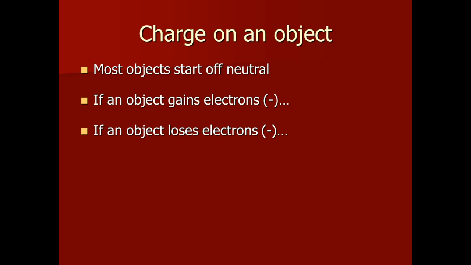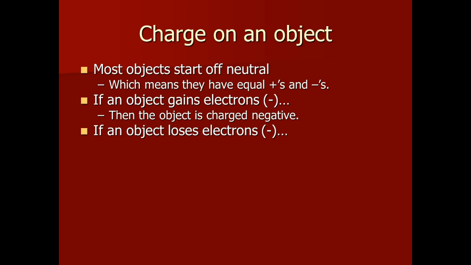Most objects start neutral, which means they have equal amounts of positive and negative charges. If an object gains more electrons, it's going to become negatively charged. If it loses electrons, it'll become positively charged. It's not going to gain positive charges because that would require the proton, or the positive charge, to move into the object.